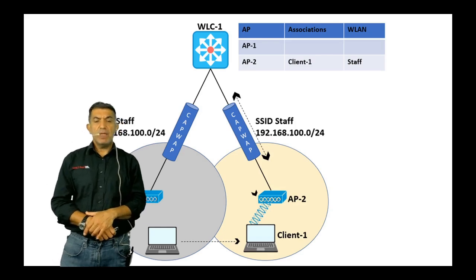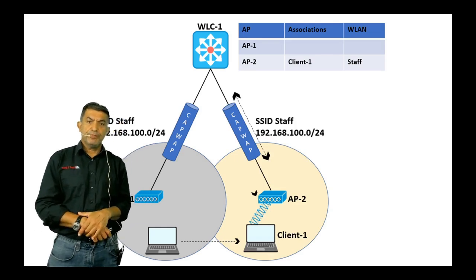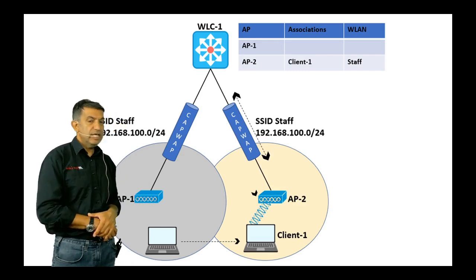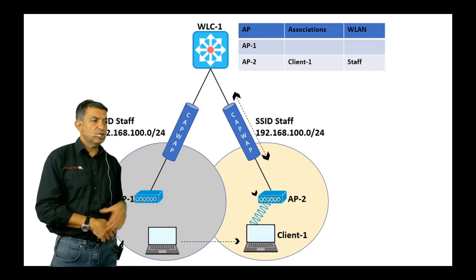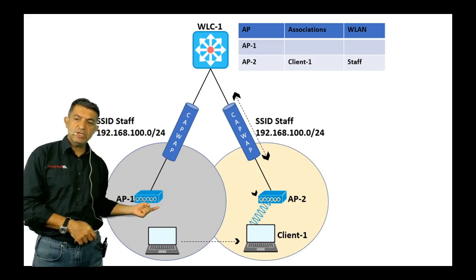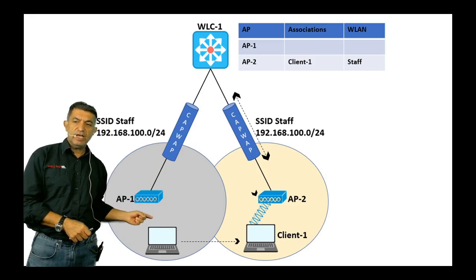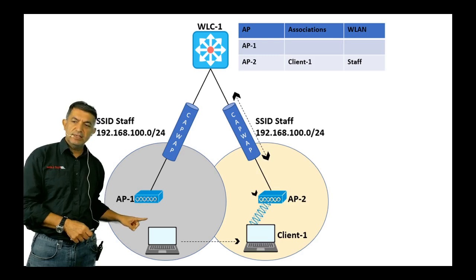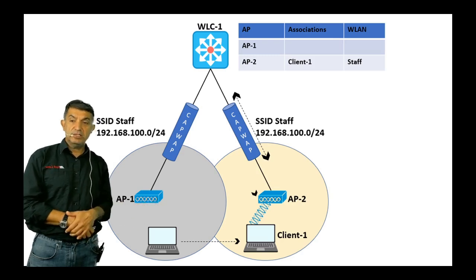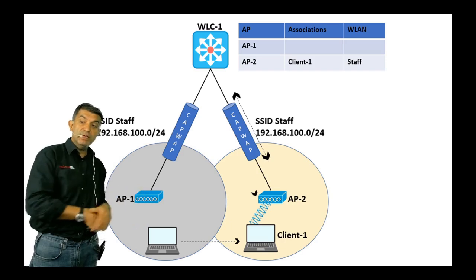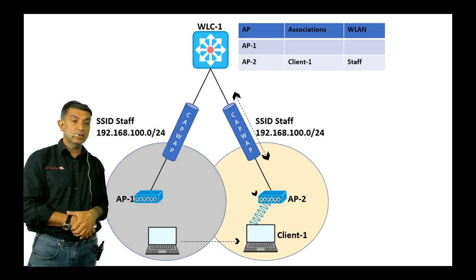When we have an autonomous environment, it means each AP has its own environment, each AP has its own image or software, and the connection between the client and the AP is a standalone decision.